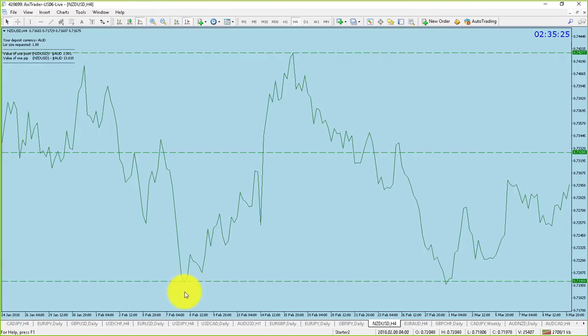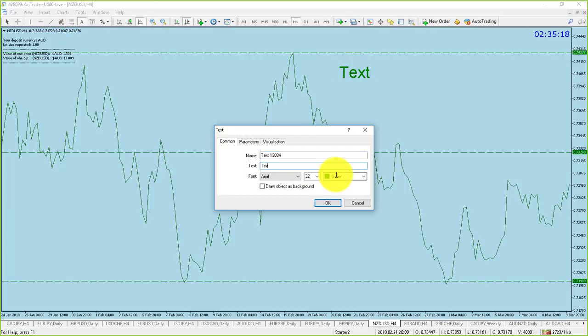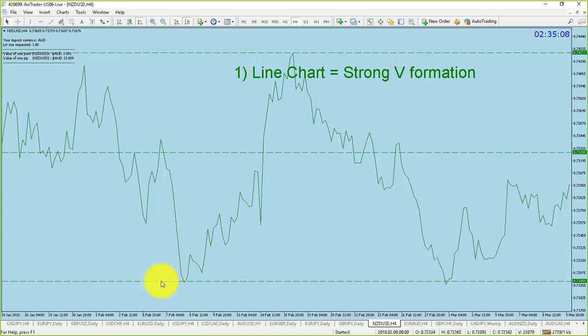And typically the two ways that you will identify these, and I'll write this down for you actually, let's do this right now. Number one is that you will see a strong V on the line chart. So line chart equals strong V. A strong V formation simply means that you get a really strong close off of the support resistance level, and that makes it move really hard away from the level.